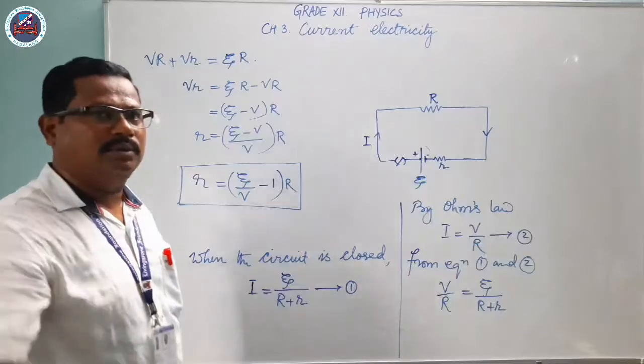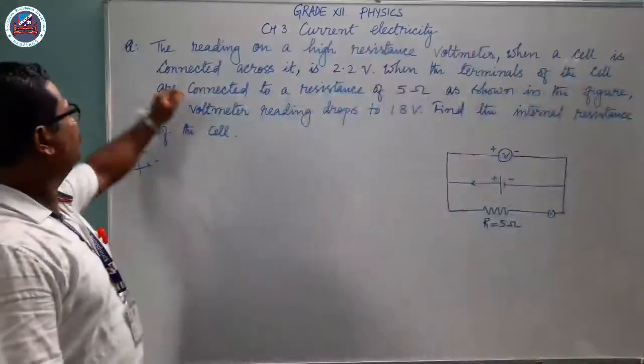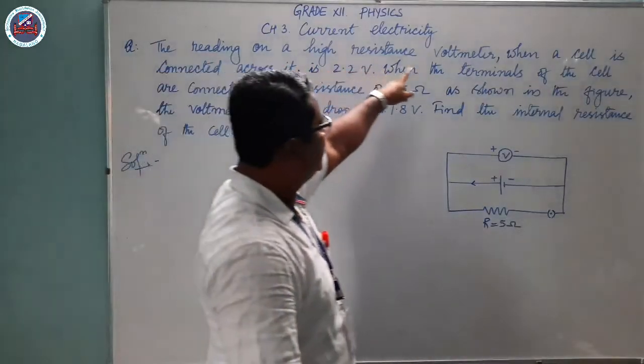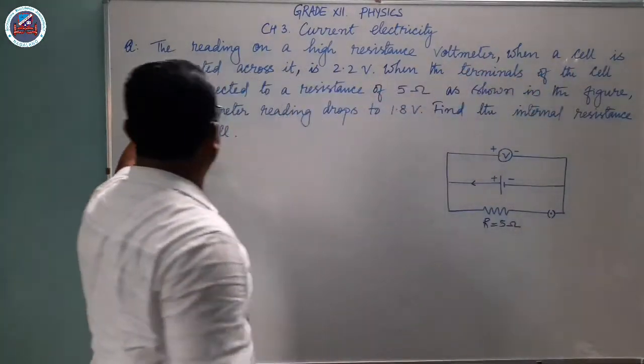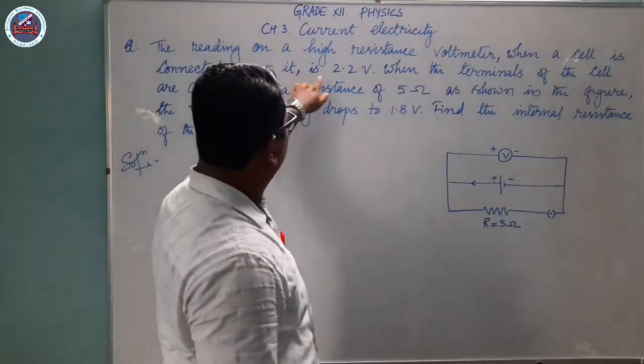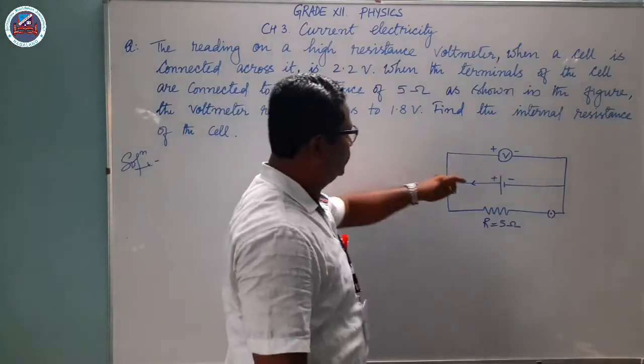Let us do one numerical and see. The reading on a high resistance voltmeter, when a cell is connected across it, is 2.2 volt.